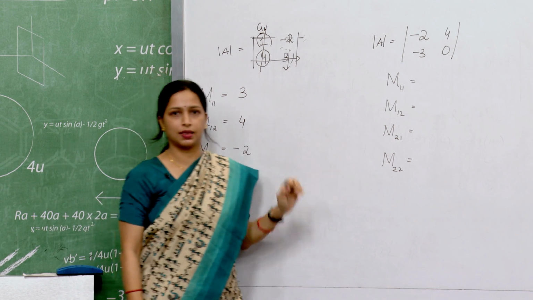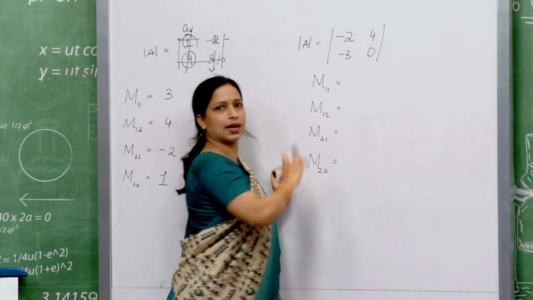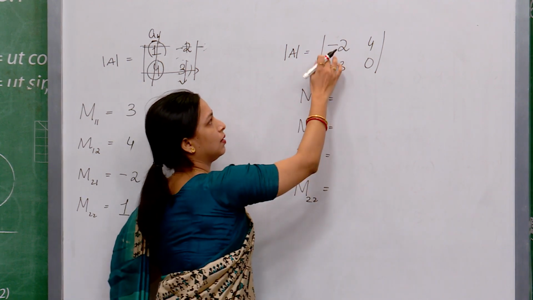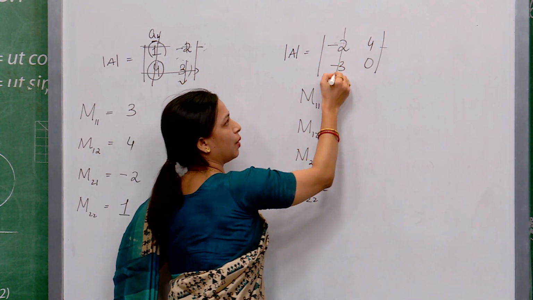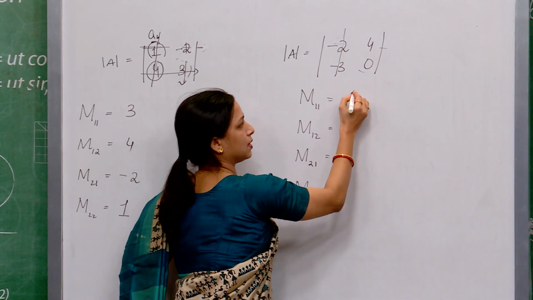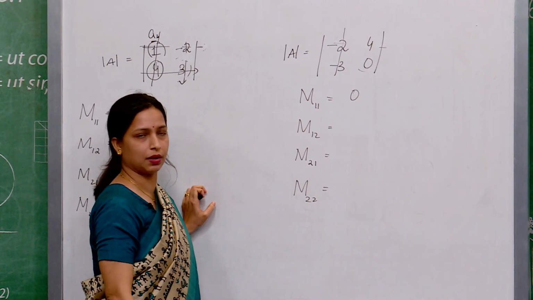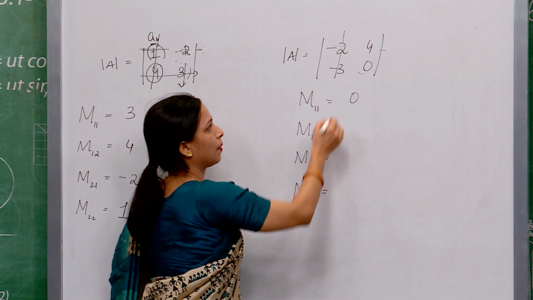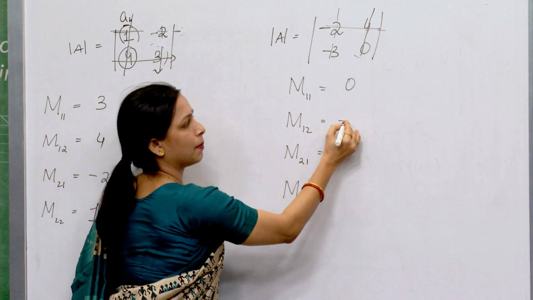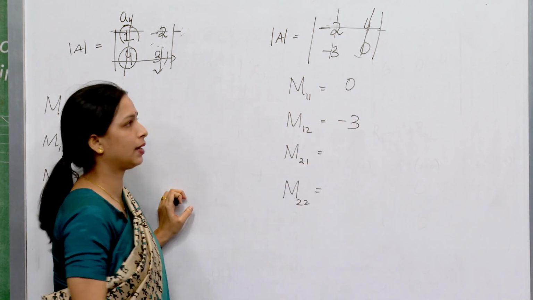Similarly, let us do another problem. Let us say this is another determinant, and I have to find out the minors. So, M11, I have to delete the row and the column in which A11 exists, and the resulting element is the minor. Similarly, for 4, I delete this and the resultant is -3, right.